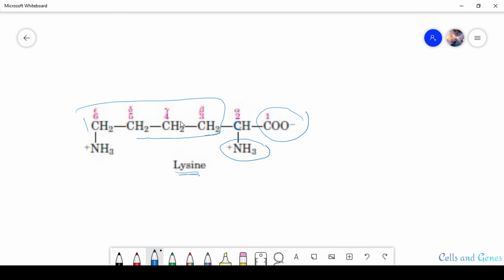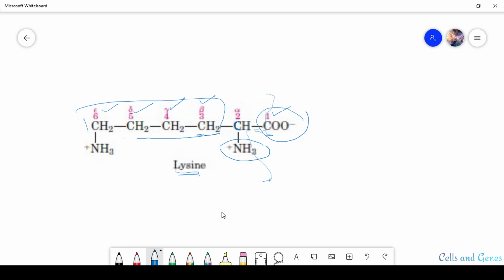This carbon is named beta carbon, and this carbon is named gamma, then delta and epsilon.